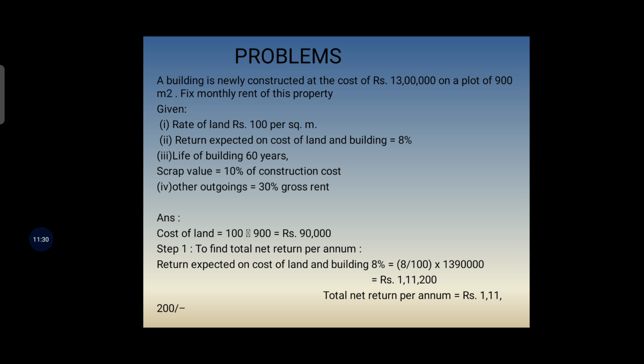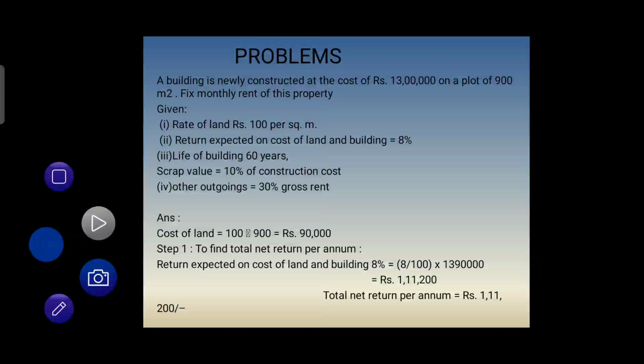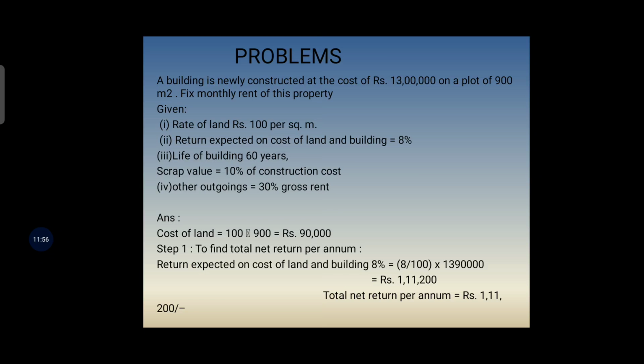The return expected on the cost of land and building is 8%, that is 8 upon 100 into 13 lakh 90,000, the total cost. So the value comes to 1,11,200. How calculated? 8% into 13 lakh 90,000.